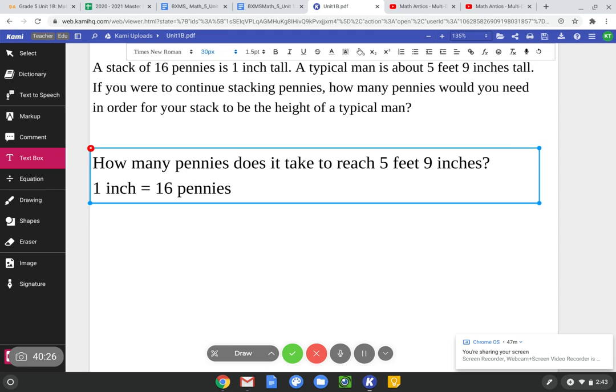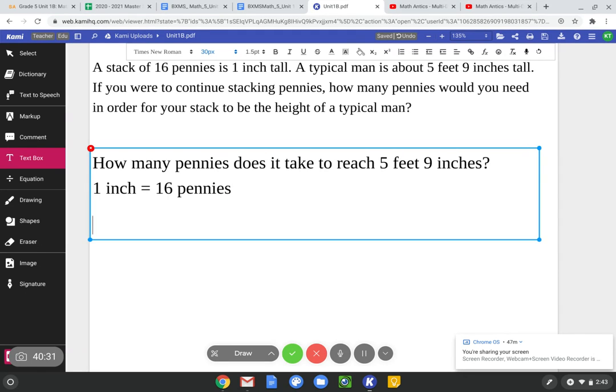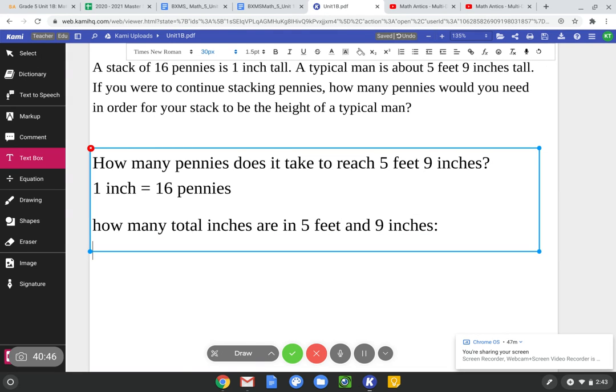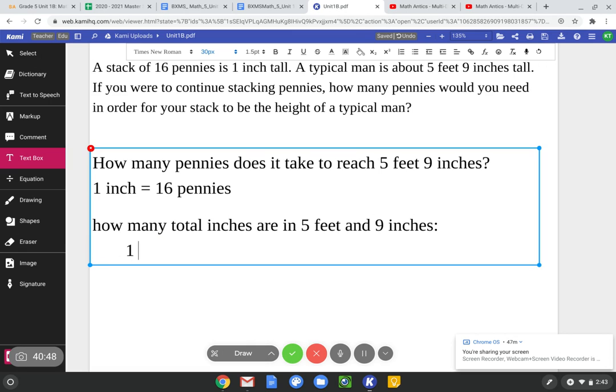Look at this. We are right back to conversions. So we need to figure out how many total inches are in 5 feet and 9 inches. Well, remember, 1 foot equals 12 inches.